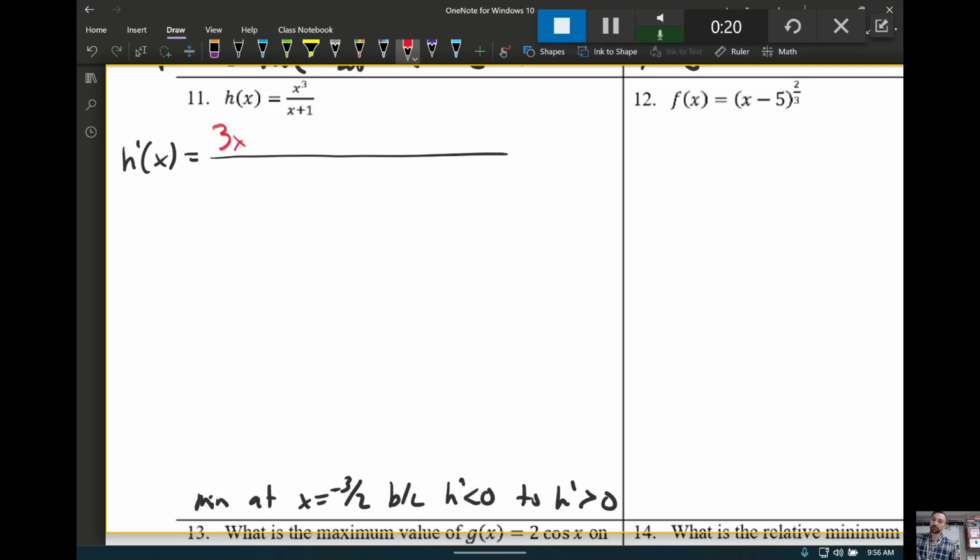So derivative of the numerator times the denominator left alone, minus the derivative of the denominator times the numerator left alone, all over the denominator squared.